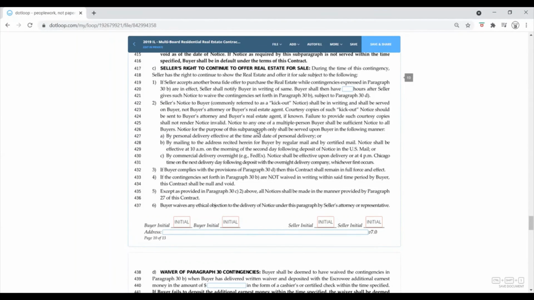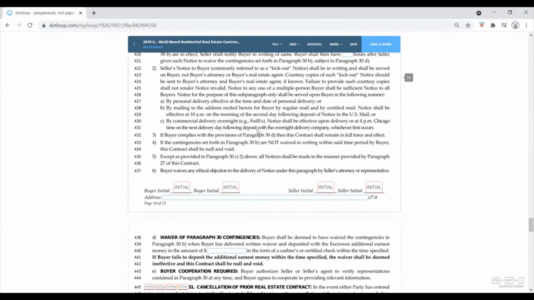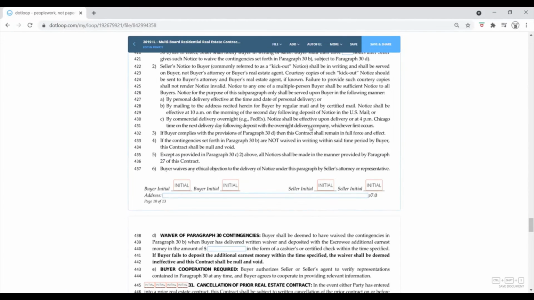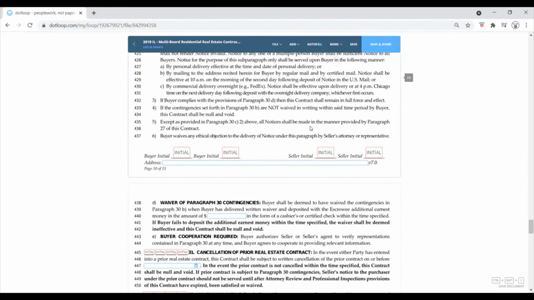And what that means is that if someone brings in an offer that the seller likes more than this offer that's currently signed, they can go to the buyer and say, hey, we have a better offer. You have 72 hours to drop your contingencies, or we're going to move forward with them. So if they have sale contingencies, they're going to have to drop them in order to get this particular house, potentially. Okay.